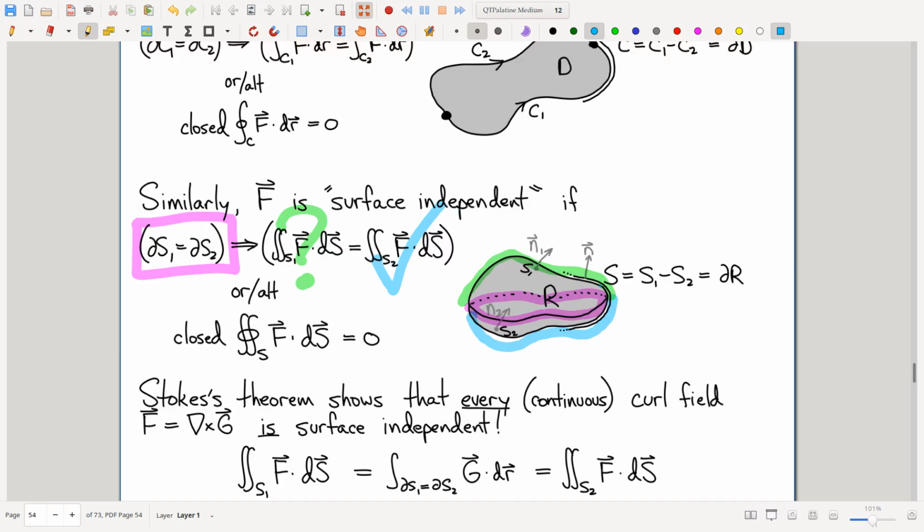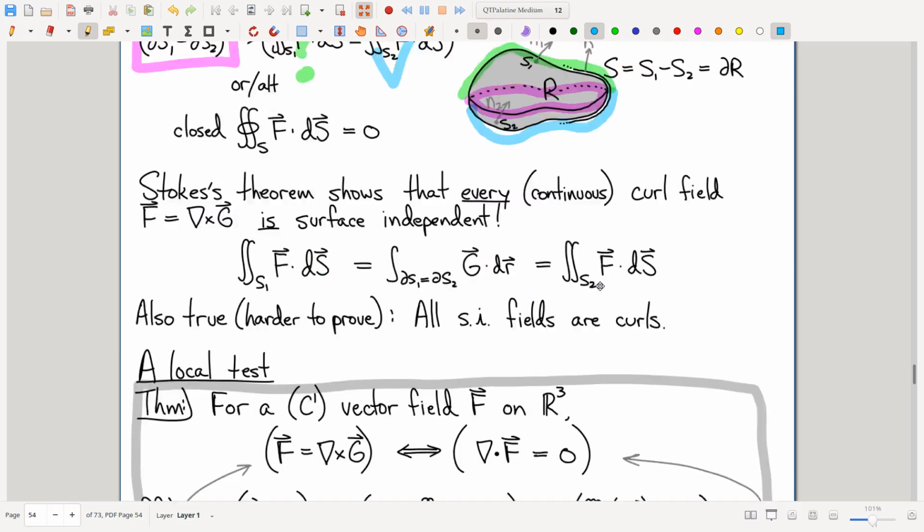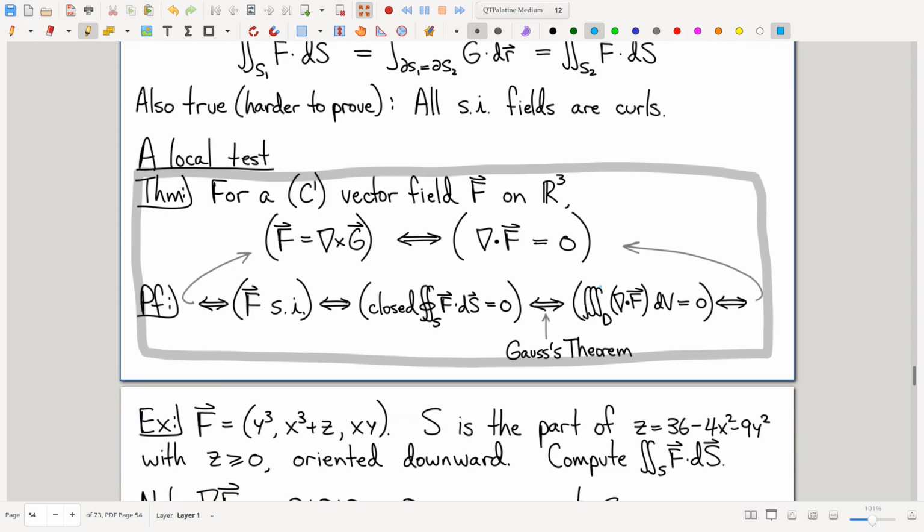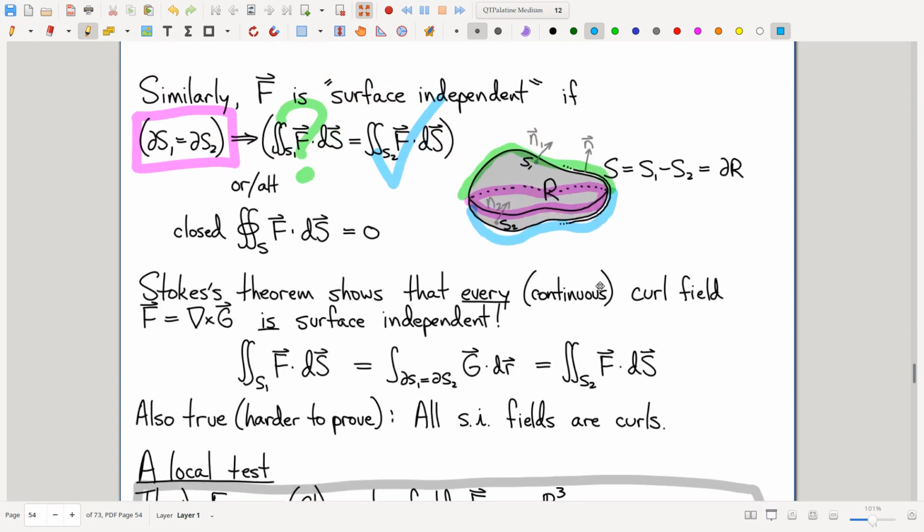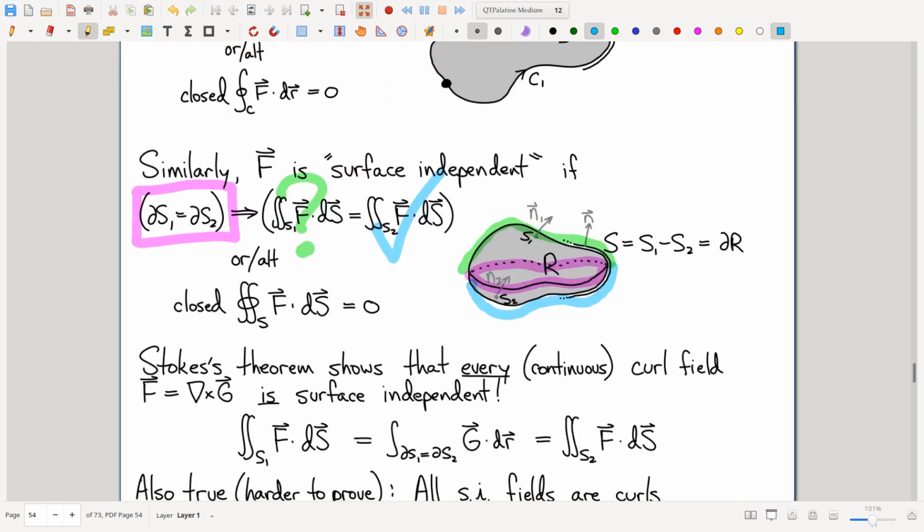So this is our new computational tool. Check that the divergence is 0. If so, you have surface independence. Pick any new surface you want. Just make sure to preserve that boundary.